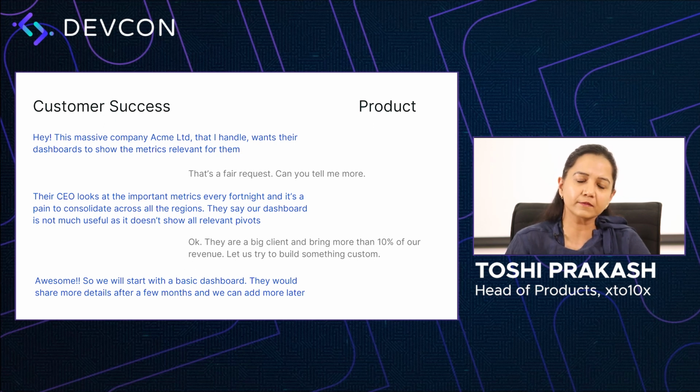So should I invest in building this, or should I not? How do we handle such cases of custom requirements that are legitimate, that are logical, that will definitely improve the experience of those thousands of users from this big client, but may not be useful for the rest of the audience? We're going to go into a deeper understanding of these situations and how we can handle them better.